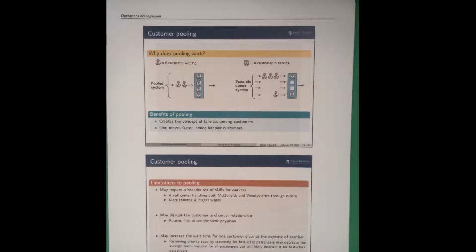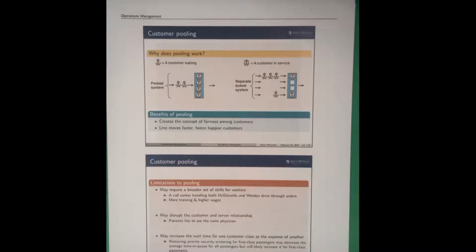Another problem that might arise from pooling is that because servers pull from the line, in situations where one customer has a specific relationship with one specific server, knows that server and wants to get service from that specific server, you might interrupt that kind of relationship that a customer has with the service provider.